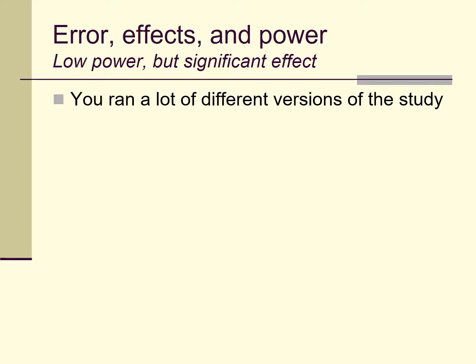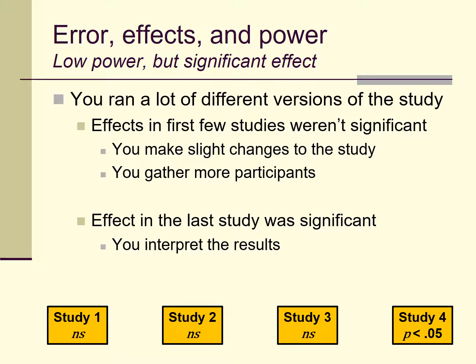If you ran lots of different versions of the study, and the effects in the first few studies weren't significant, so you made some slight changes in your protocol, or maybe you gathered a few extra participants and repeated, and then you tweaked and repeated, and eventually by the fourth iteration of your study, or the fifth or the nth iteration, you then get a significant effect.